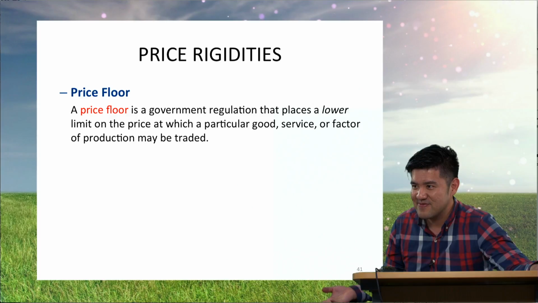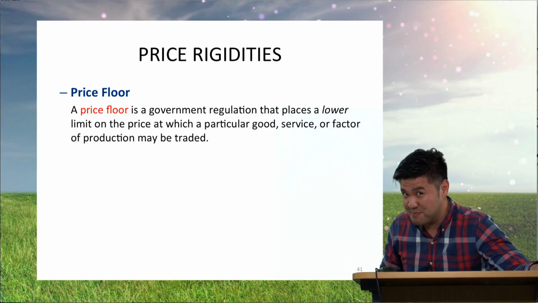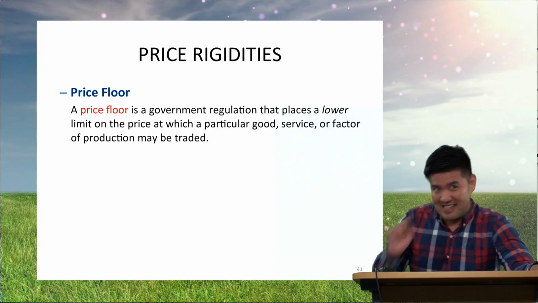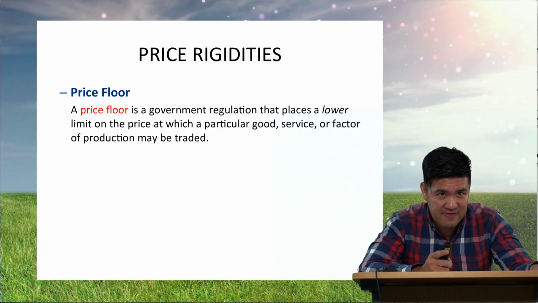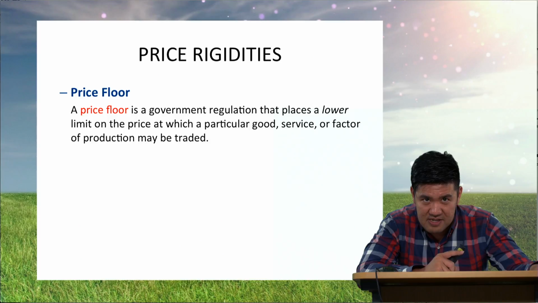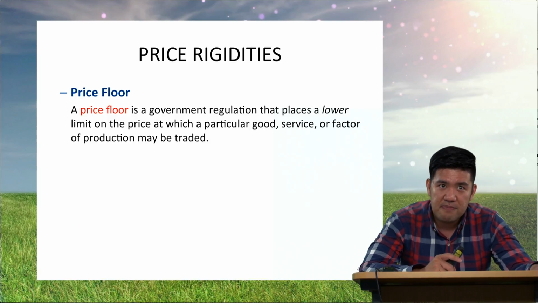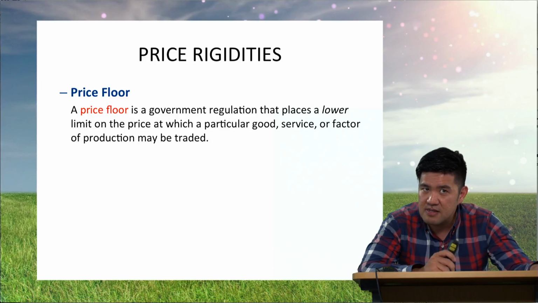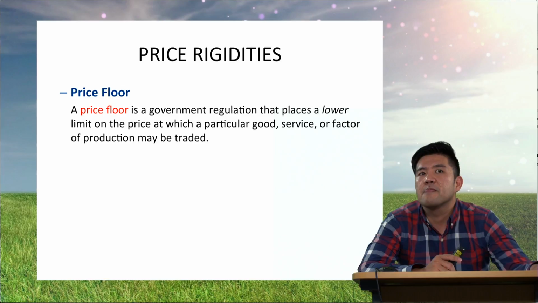But sometimes government may want to come into the market. In this situation, a price floor is a government regulation imposing a lower limit on the price at which a particular good, service, or factor of production may be traded.